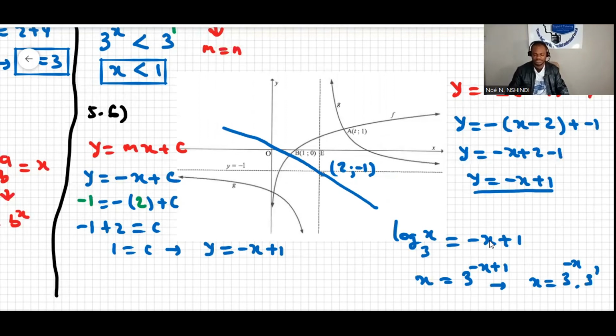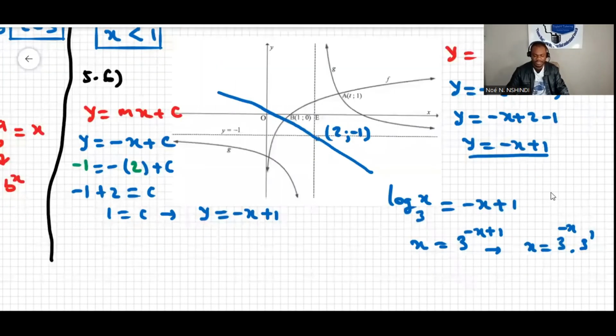This will make x equal to 3 times 3 to the power of negative x. Oh, we're quite stuck here. What can we do in this situation? Maybe this can be written as x equals 3 over 3 to the power of x, but it's still not really it.